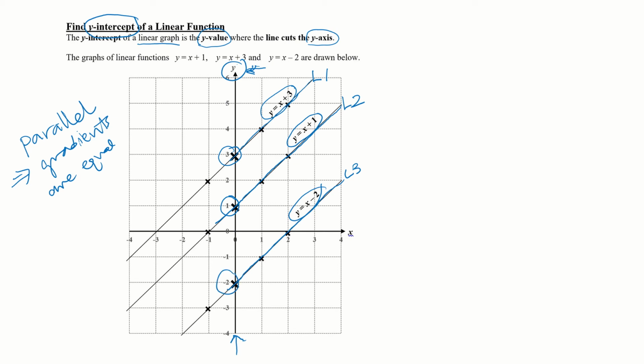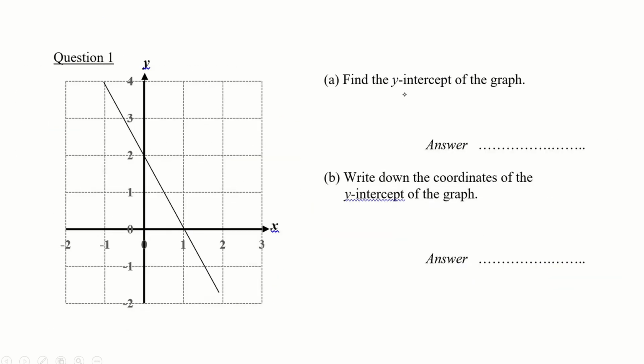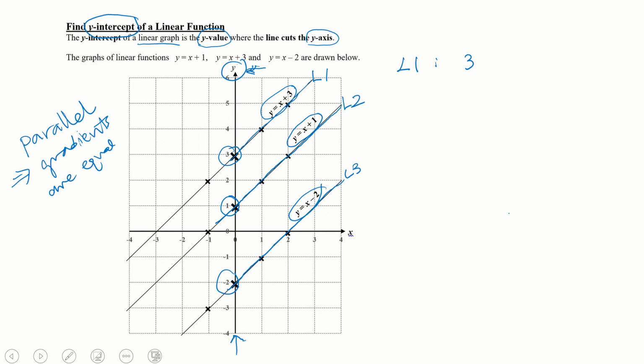So L1 cuts the y-axis at 3. L2 cuts the y-axis at 1. And L3 cuts the y-axis at negative 2.